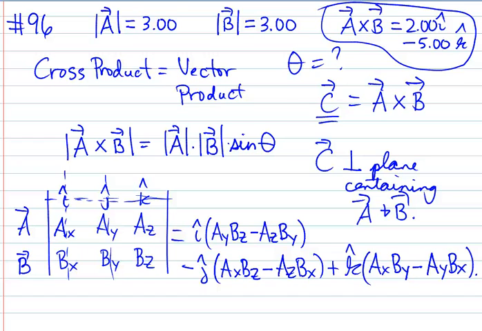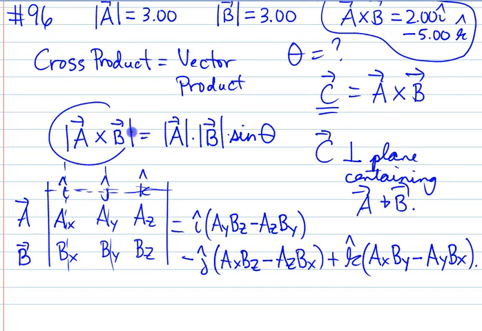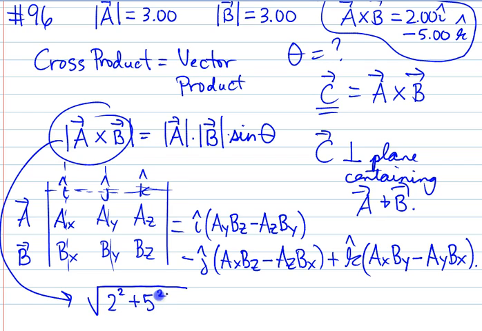So what we can do is actually calculate the value of A cross B. So the magnitude of that would actually be the square root of 2 squared plus 5 squared. And that comes from what A cross B is, 2i minus 5k. And so the length of that would be like a hypotenuse.